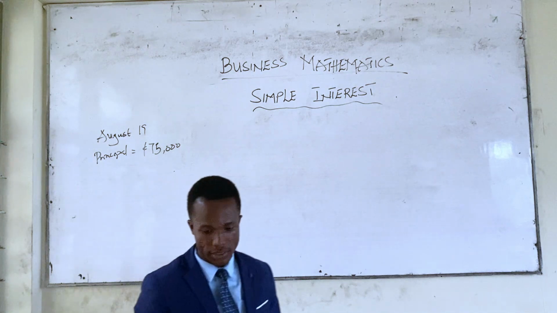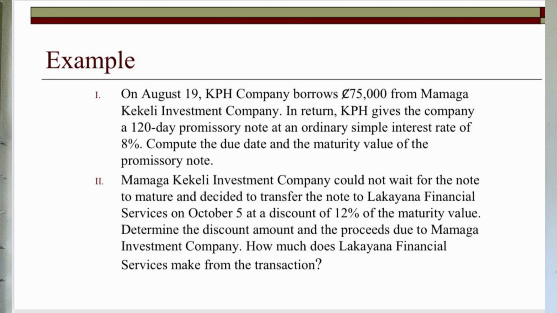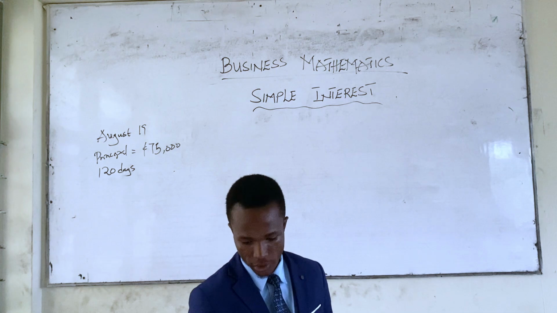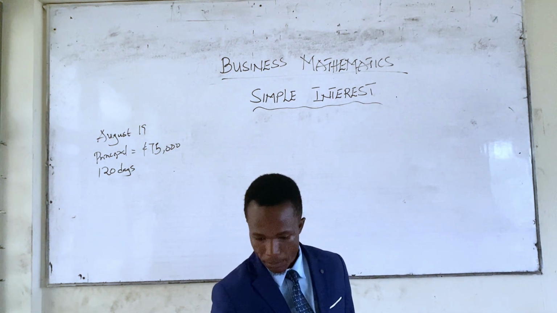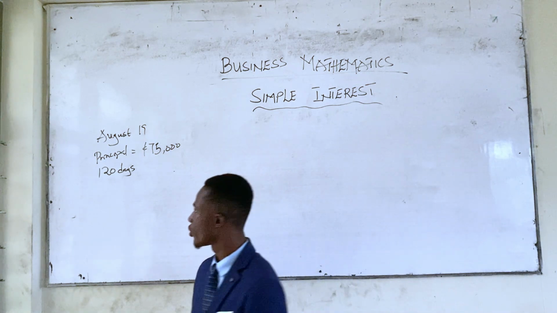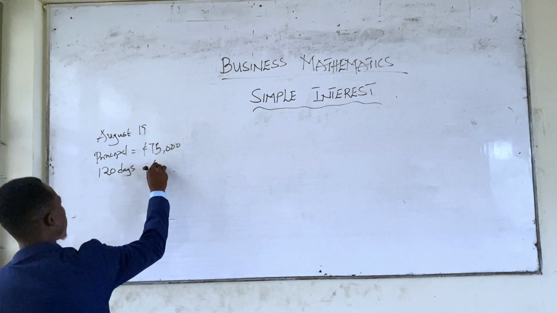Let's write the parameters. KPH gives the company a 120-day promissory note at an ordinary simple interest. So 120 days is the time for the simple interest.